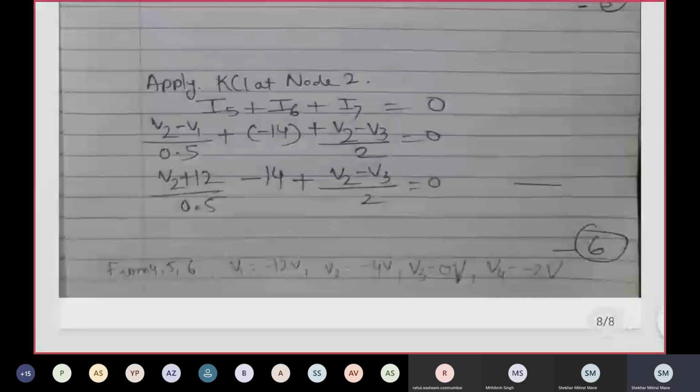From these three equations, you will get the values of V2, V3, V4. You can note down these answers. V1 we already know, that is minus 12. So from these three equations, there are three unknowns. So you get V2 is equal to minus 4 volt, V3 is equal to 0 volt, and V4 is equal to minus 2 volt.